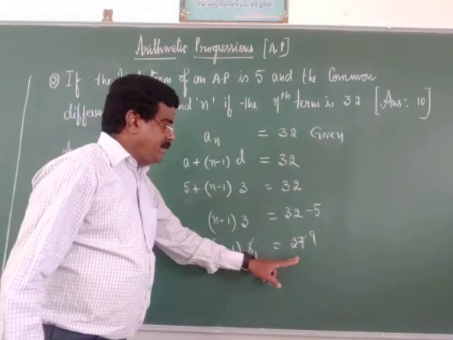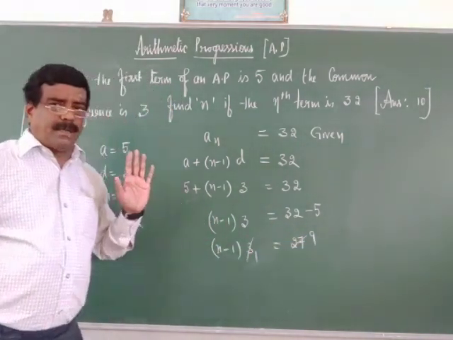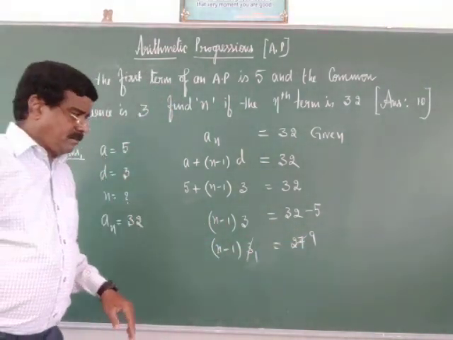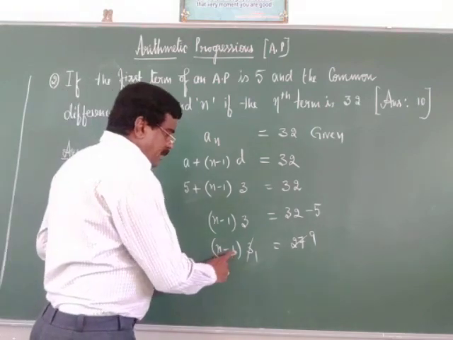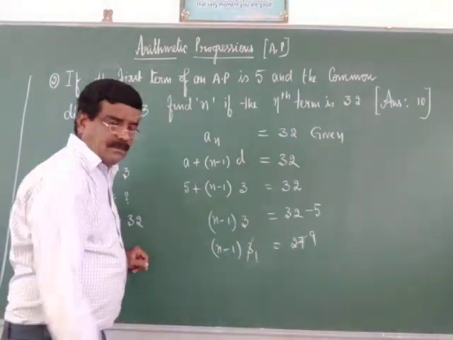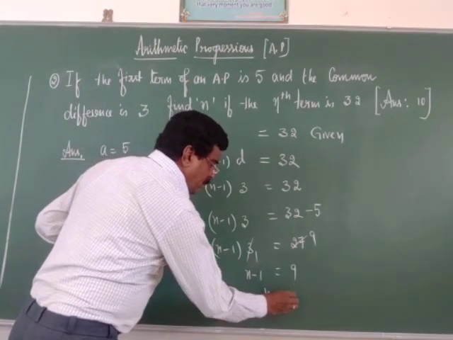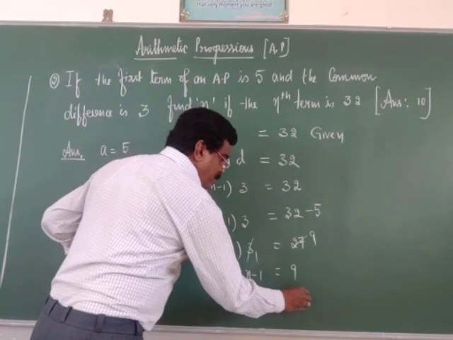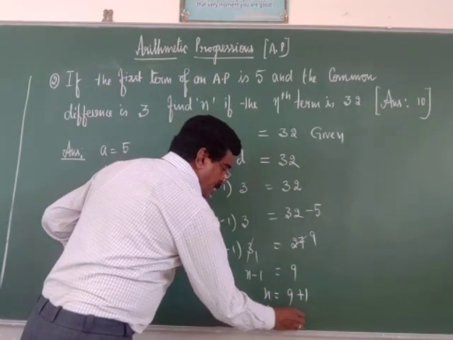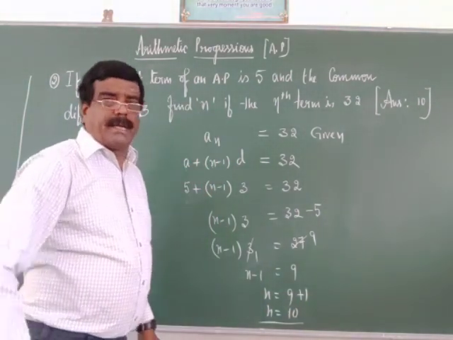Here divide by 3 means 3 nines are 27. Please learn it properly just to save the steps. Now here n minus 1 is equal to 9. N minus 1 equal to 9 means shift minus 1 to that side, it becomes plus 1, so that n is equal to 10.